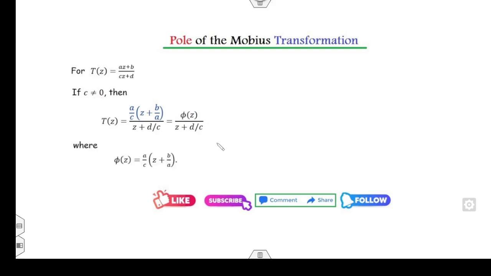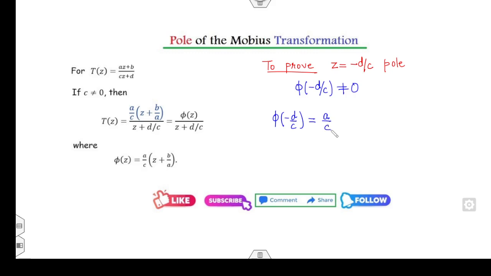Is it okay? Now to prove z = -d/c is a pole, what do you want to prove? I need to prove only that phi(-d/c) is non-zero. So let's start with phi(-d/c). That becomes (a/c)(-d/c) + b.